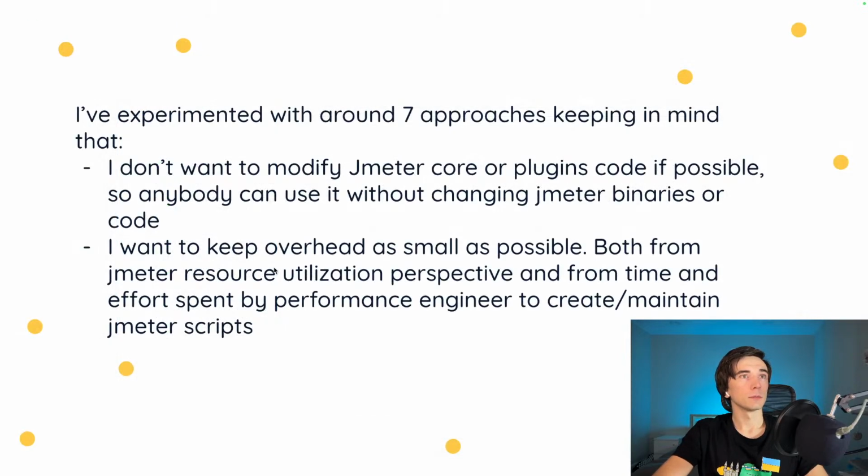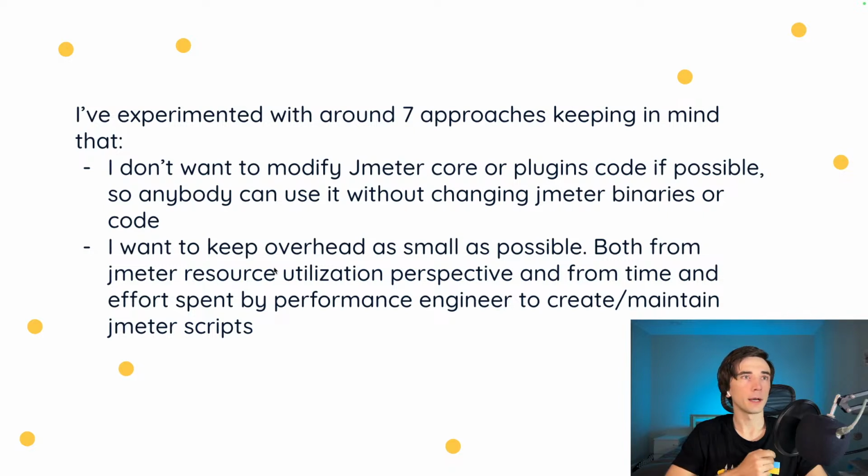I will not go through all the approaches I have tried because it will take a long time. I'll end up with the final solution which I'm using right now. I have experimented with different implementations, each with its own pros and cons, but in my case, there were two main goals.